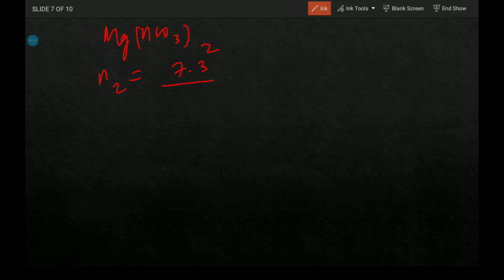Similarly, the number of moles of magnesium bicarbonate, that is N2, is equal to 7.3 upon the molar mass, that is 146. This is also equal to 1 by 20 moles in 1 liter of the solution. By extension, we can say that 1 by 20 moles of Mg2 plus ion are present.